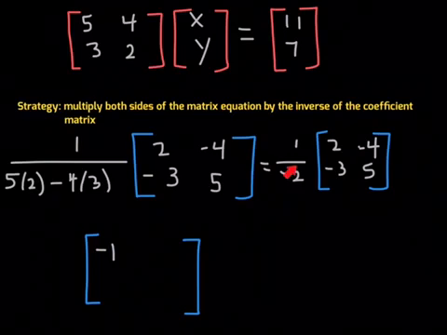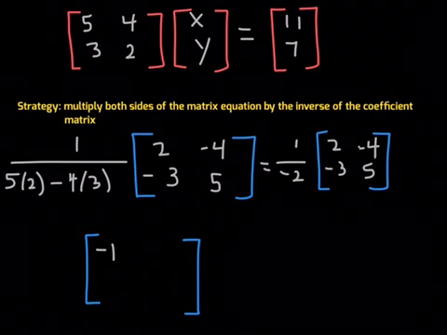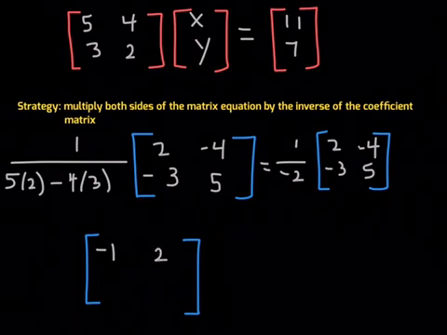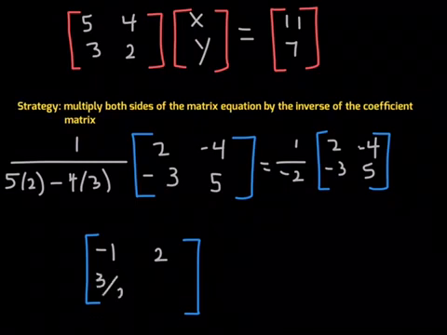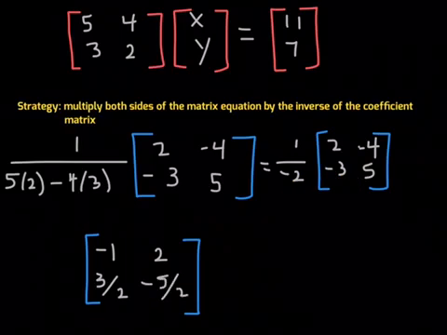Negative 1/2 of negative 4 is just positive 2. Negative 1/2 of negative 3 is just positive 3/2. And finally, negative 1/2 of 5 is just negative 5/2. So this is the inverse matrix, and this is what we're going to multiply both sides of our matrix equation by.